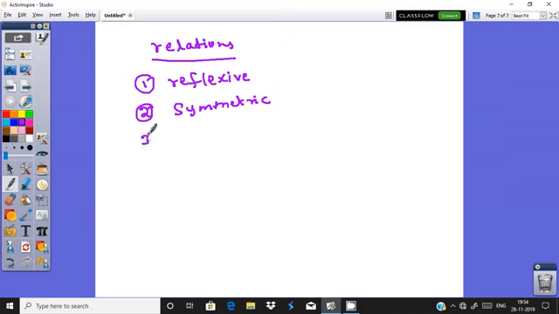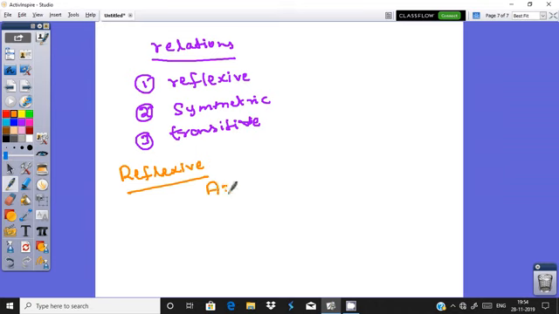And number 3 is transitive. So we can say a relation is reflexive if you assume like this. So this is what is meant by reflexive.